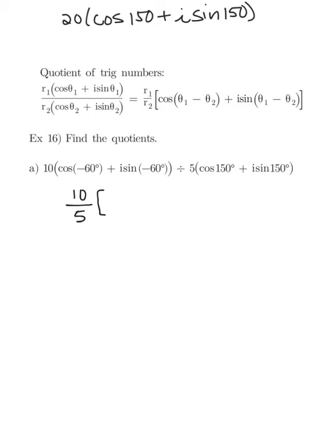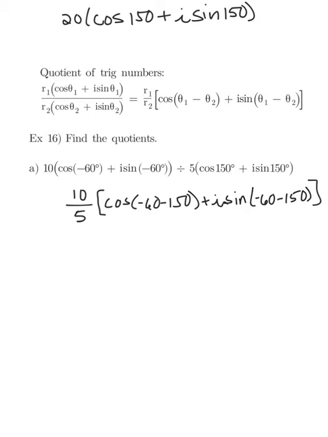In your brackets, you are going to do the cosine of negative 60 minus 150 plus i times the sine of negative 60 minus 150.